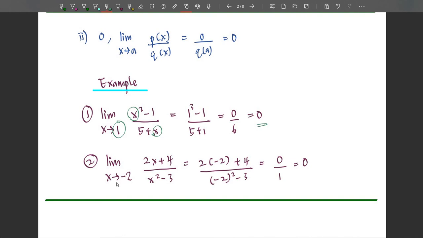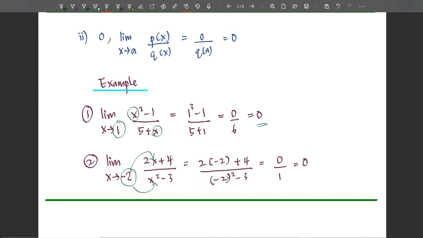For the second example, we have the limit of 2x plus 4 divided by x squared minus 3 when x approaches negative 2. Substitute negative 2 here and also here. That means 2 times negative 2 plus 4 over negative 2 squared minus 3.